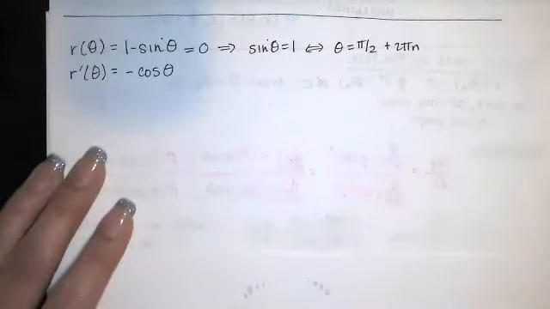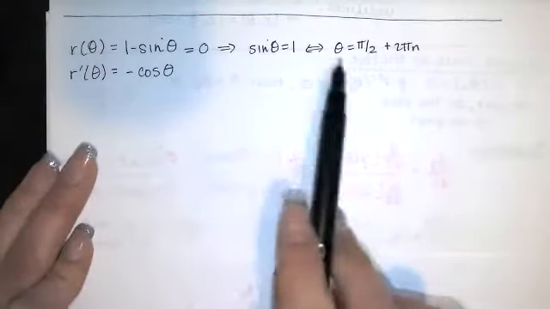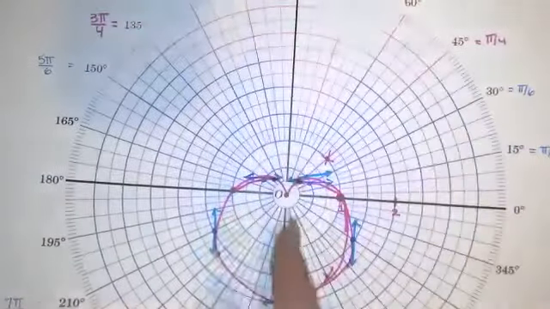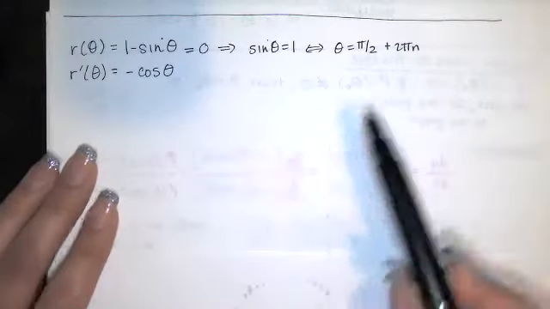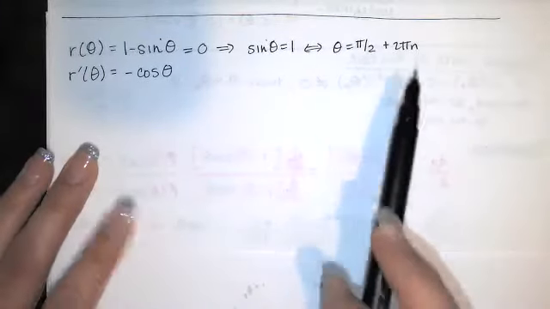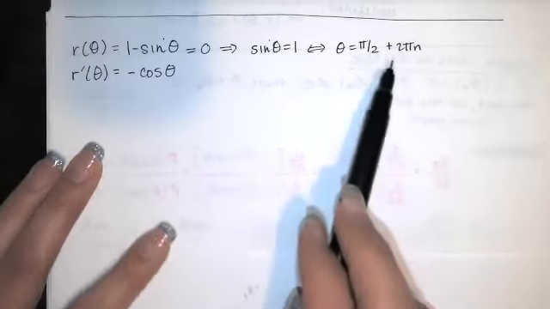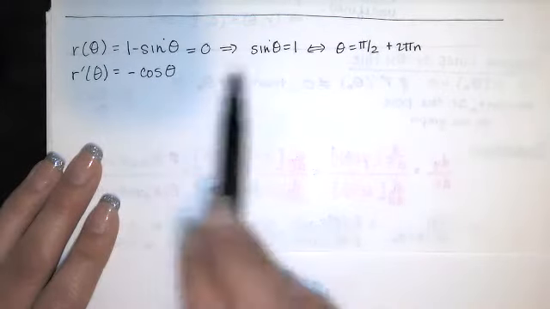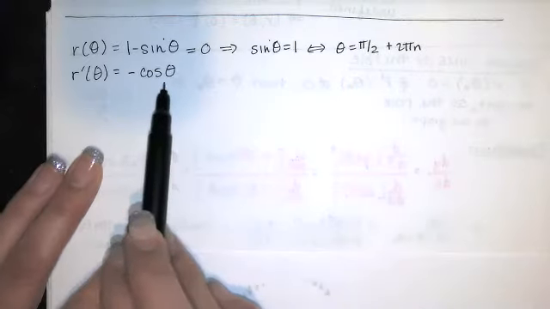So r of theta will be 0 whenever we're at this angle, theta equals pi over 2 plus 2 pi n. You can add and subtract 2 pi as many times as you want. Okay, now at those points, is cosine equal to 0 there?